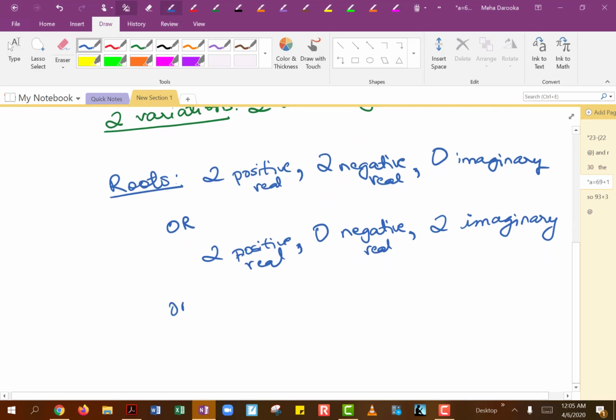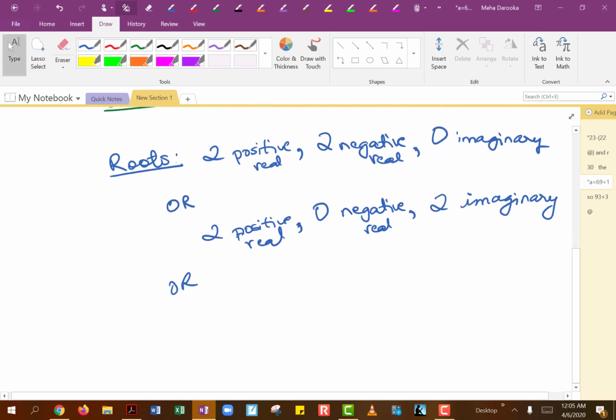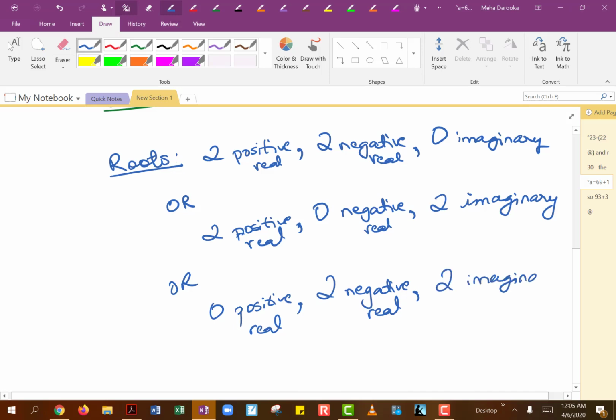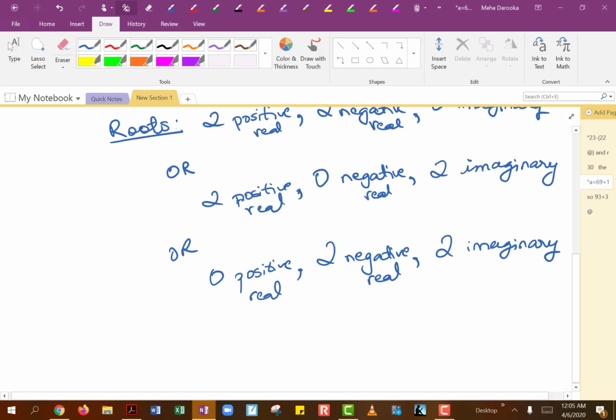Or you could have 0 positive real roots, but you could still have 2 negative real roots. But again, that's not a total of 4, which means again, we could have 2 imaginary roots. So 2 negative, 2 imaginary.